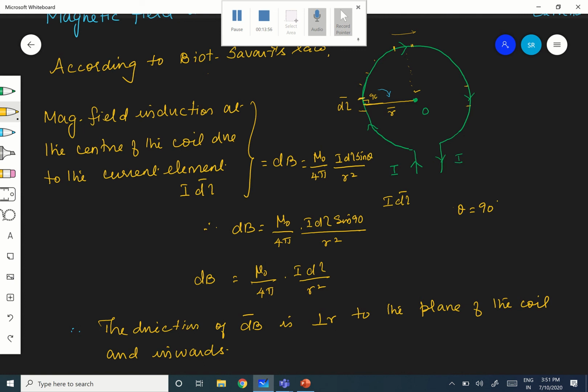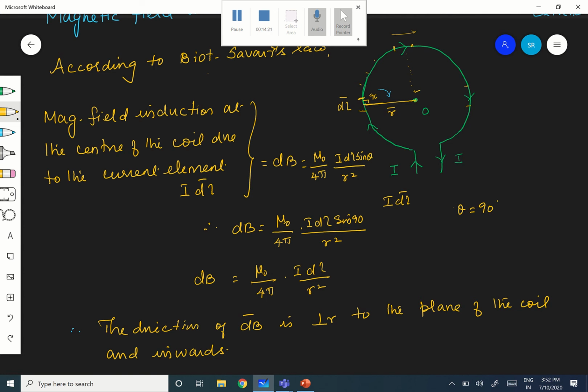If you apply that also, you will get the same at O. Whichever law is convenient for you, apply it, and you will find that the field at O due to each and every element is the same, always perpendicular to the plane of the coil and inwards.